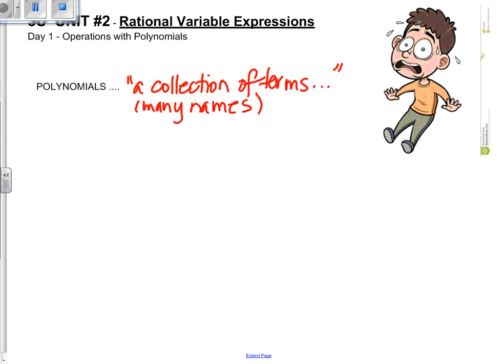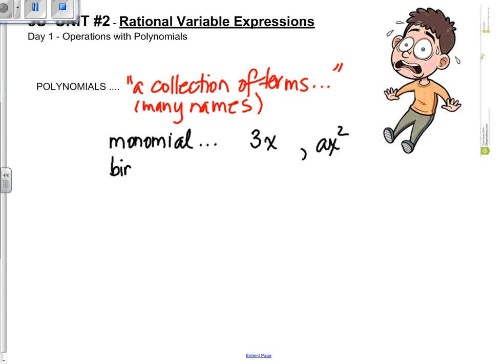So we have already looked at polynomials before and even heard such things as, for example, a monomial would be a one-termed thing. 3x would be a monomial. Ax squared would be a monomial. There is one thing.